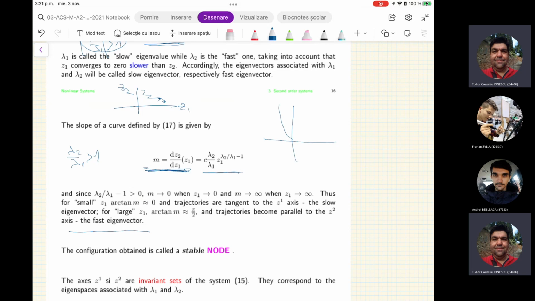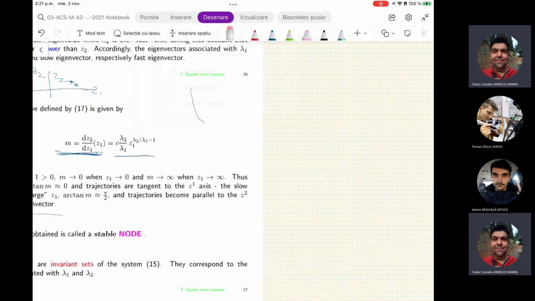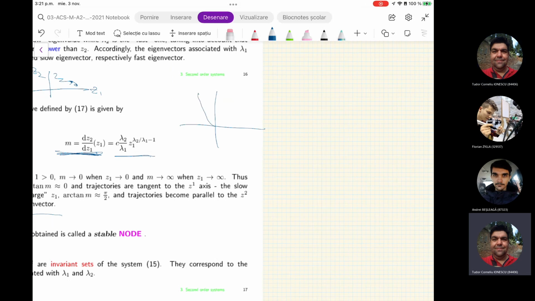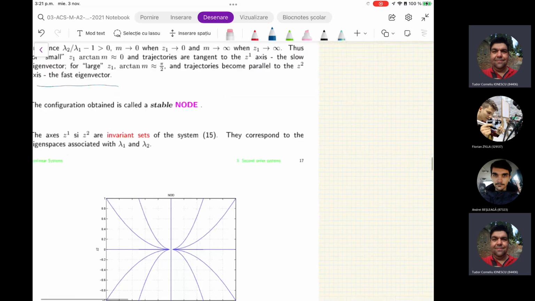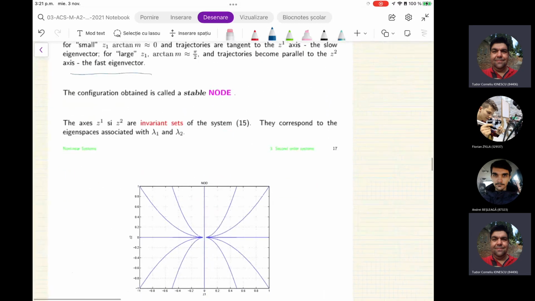Okay, so what you actually have, if you look at the analysis, you can draw this. So your equilibrium point is a stable node.